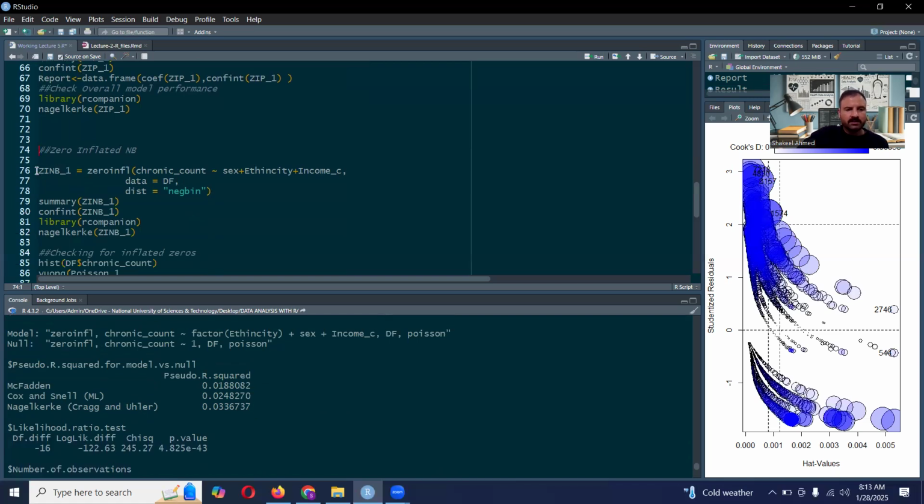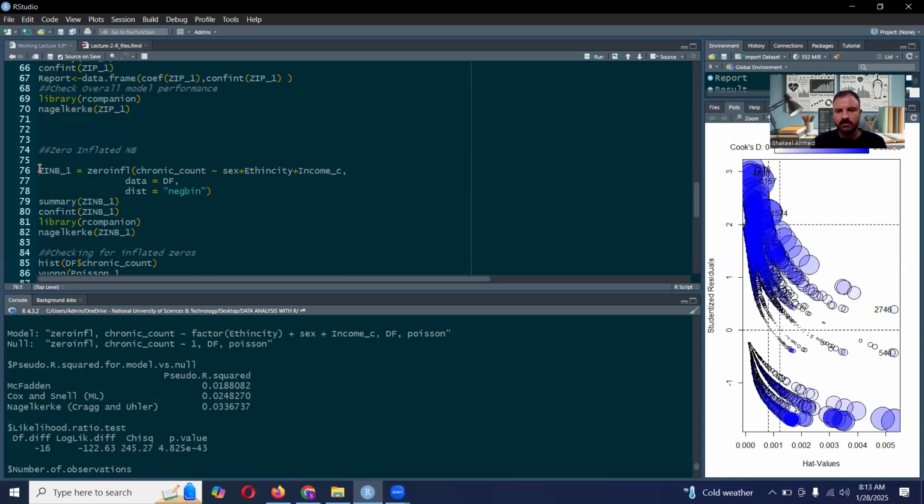Now you can run a similar model with zero inflated negative binomial. That is, we are accounting for the inflated zeros as well as the over dispersion.